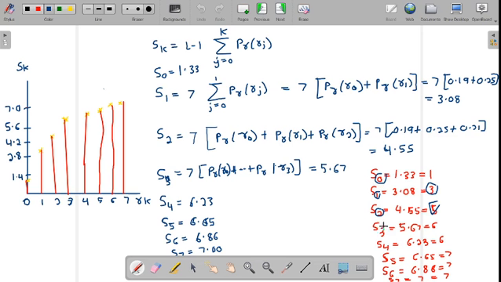Next, you observe here R3 and R4. R3 and R4 are mapped to which value? 6. Okay, they both are mapped to a common intensity value 6.